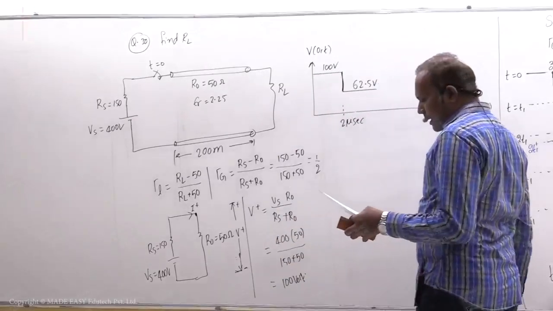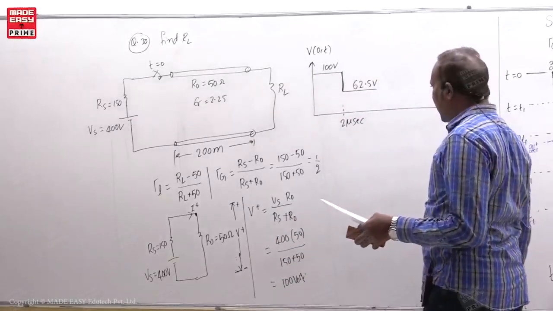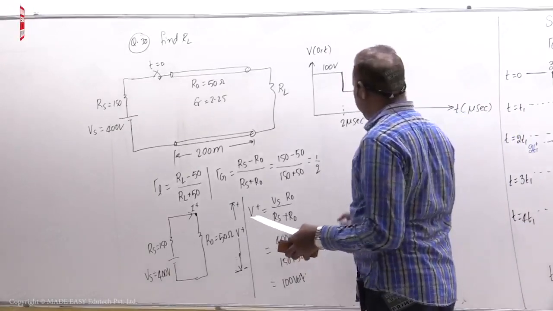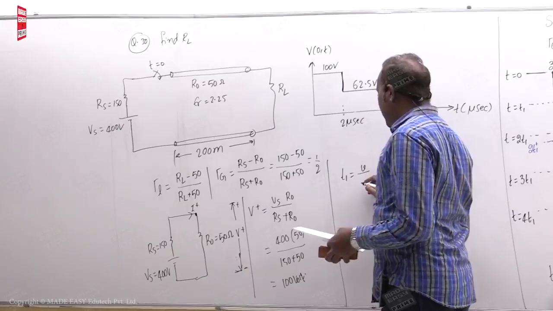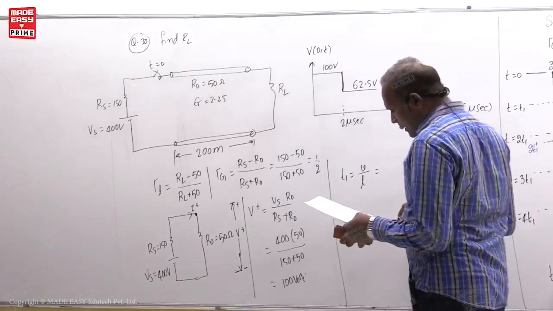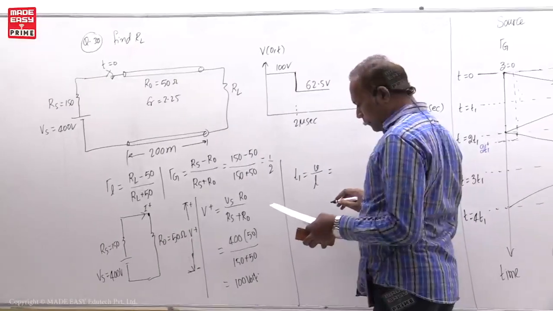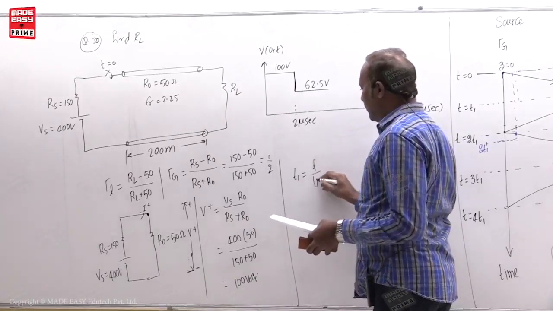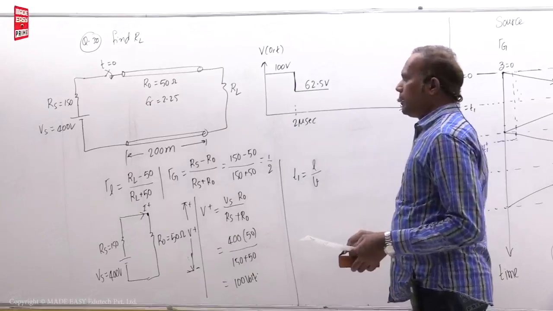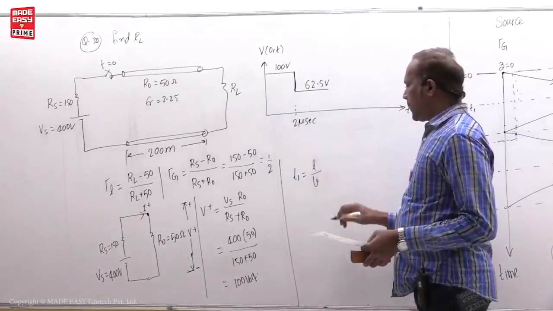Now once you got this 100 volt, what is the single trip time, student? Here I will calculate. T1 is equal to length by velocity. S is equal to Vt, no? T is equal to distance by velocity, right?